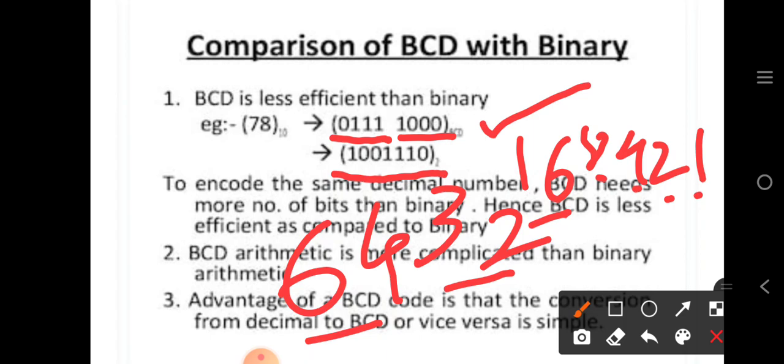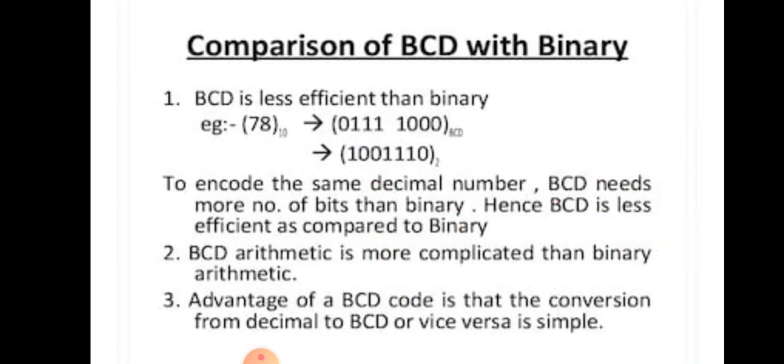Here, for 78 we write 1 for 64, then 1, 1, 1 for 8, 4 and 2. When we total 64 plus 8 plus 4 plus 2, we get 78. So from that table also you can find the binary code for 78.